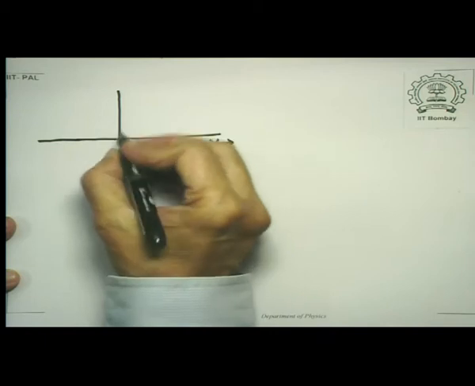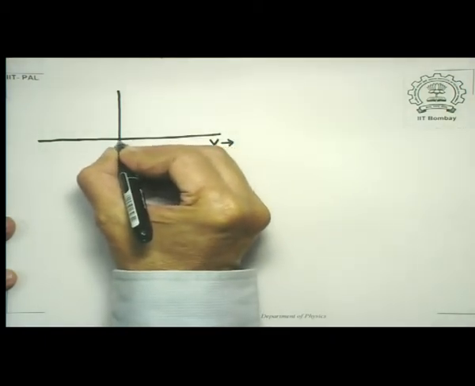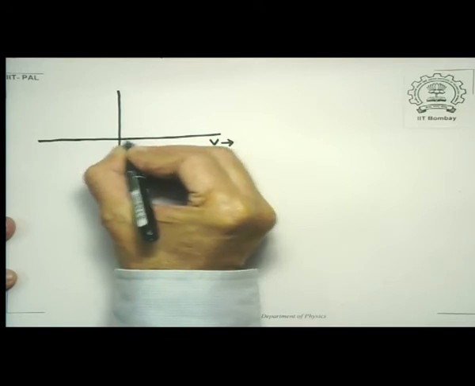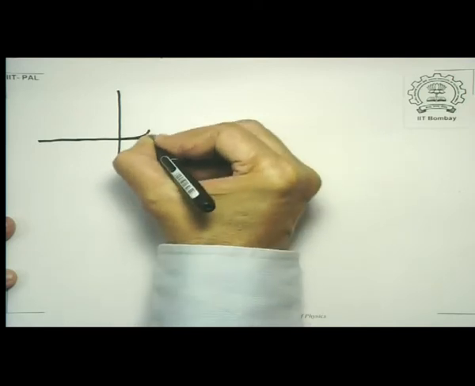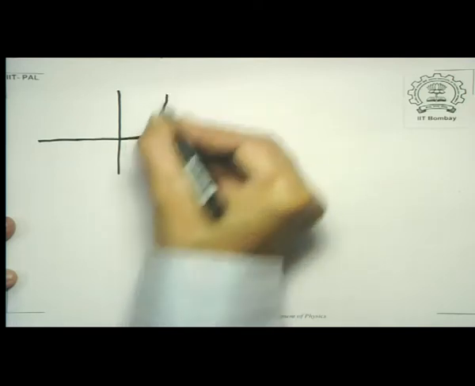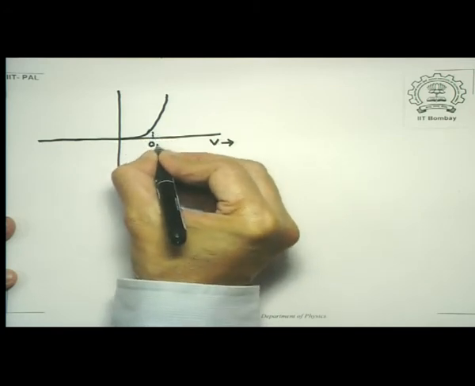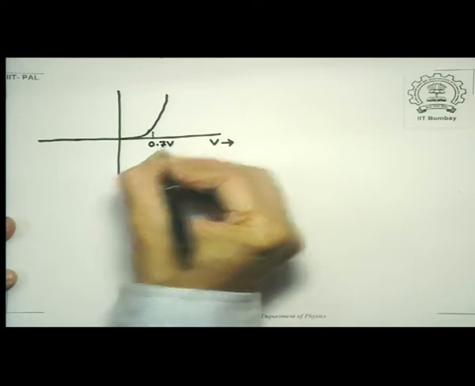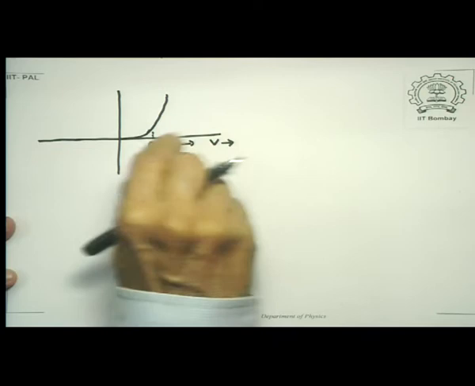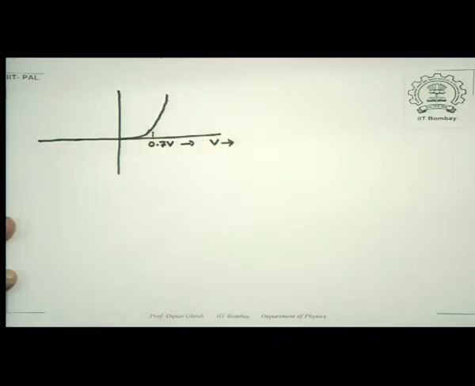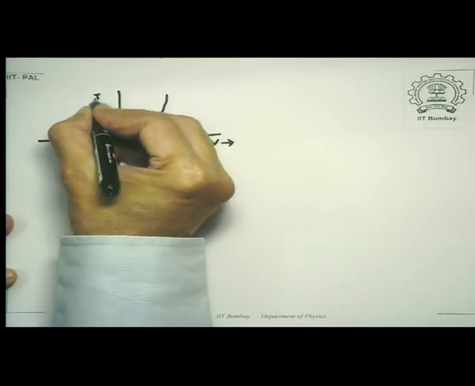Then you find that for small values of voltage, the current essentially remains 0, and then suddenly there is a threshold after which it rises sharply. This threshold for silicon is 0.7 volts. So that's the type of scale we are talking about, and this scale is about 1 or 2 volts. In this case, the current I is in milliamps.